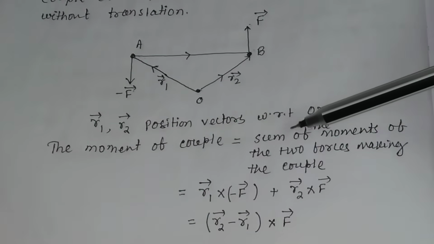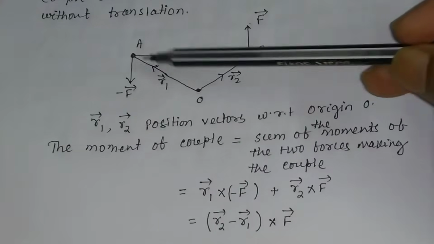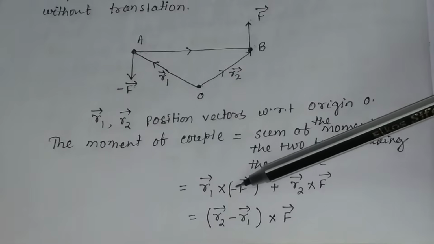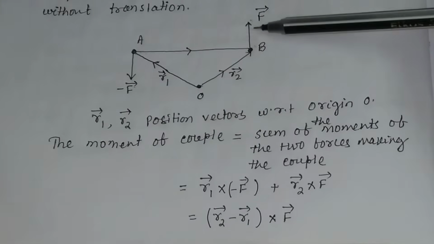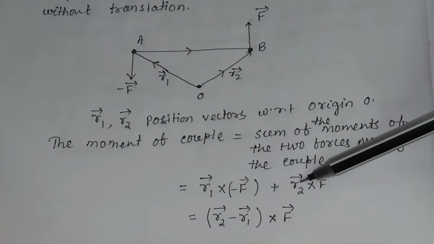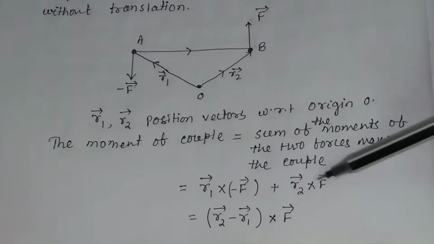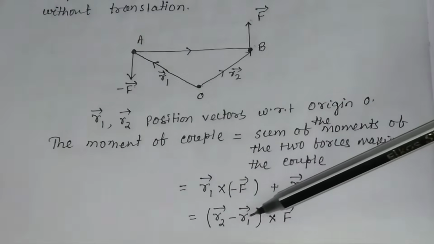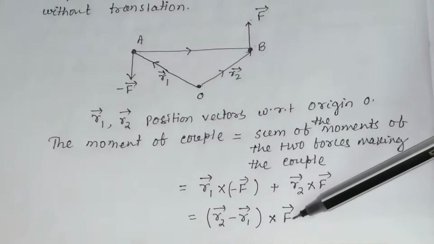For minus F, the moment will be R1 cross minus F, and for plus F, the moment will be R2 cross F. So if you solve, this will be (R2 minus R1) vector cross F.